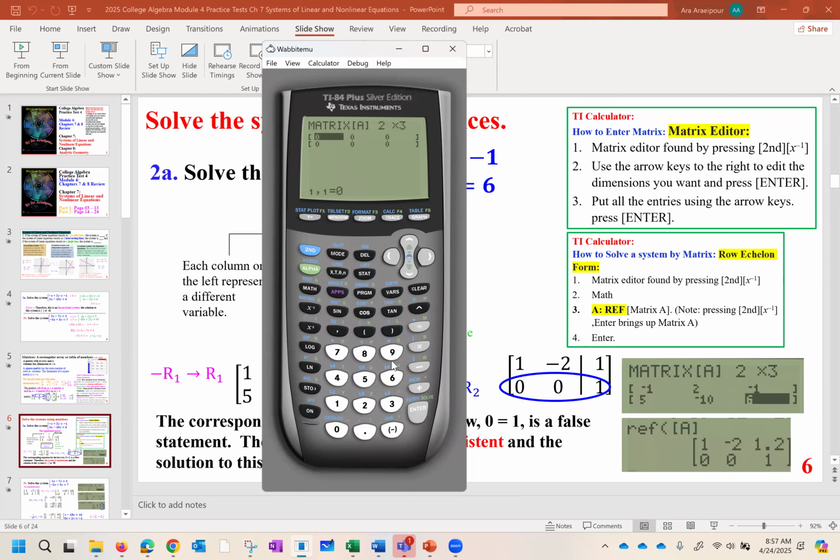And now we enter -1, 2, -1, 5, -10, 6. So we enter the matrix.